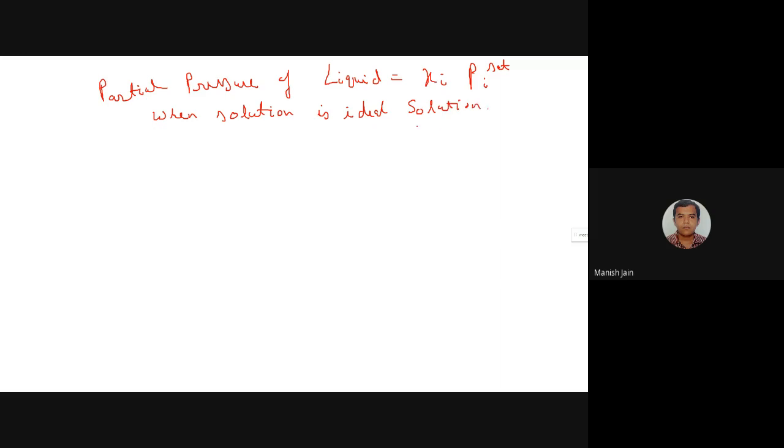So when you have an ideal solution, then only this quantity represents the partial pressure. Otherwise, this is not the partial pressure.